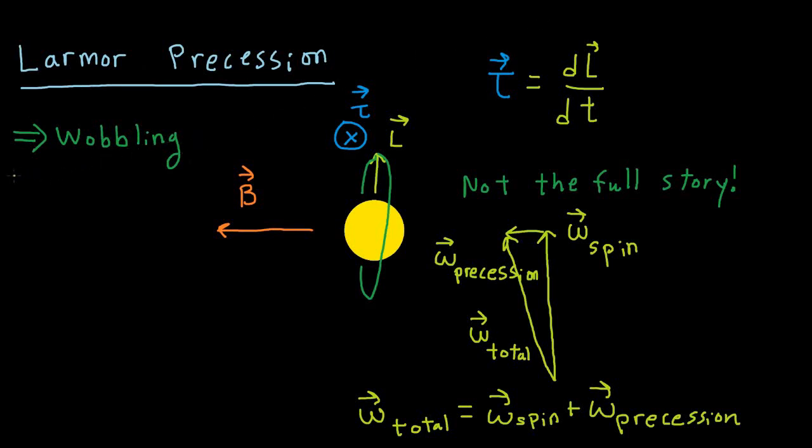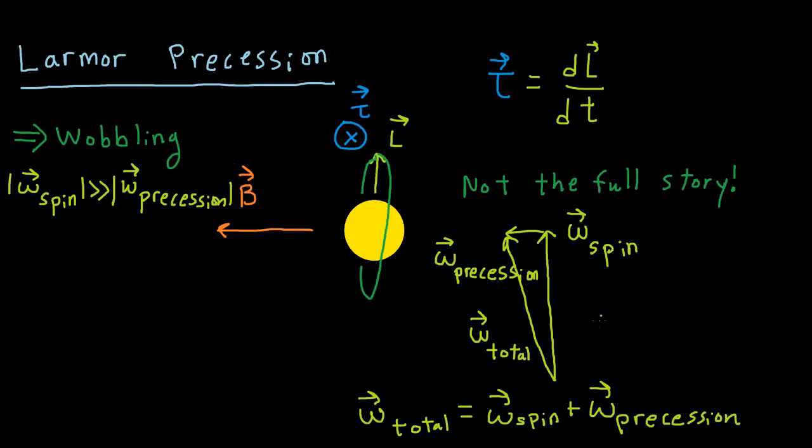However, if the rate at which the electron is spinning, so if omega sub spin is much bigger than omega sub precession, then the amount of wobbling will be very small. And basically, Larmor precession will just be the full story.